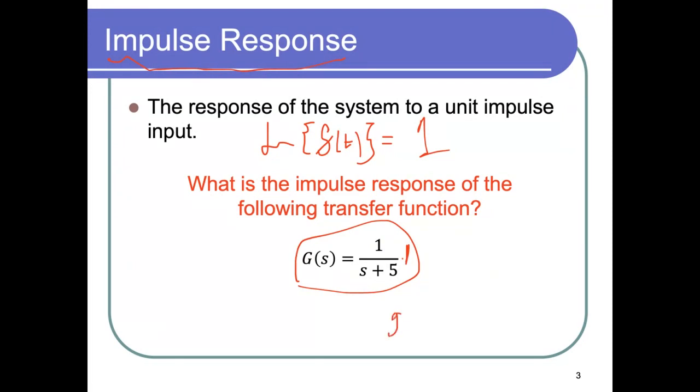So the impulse response of the system is equal to g(t), which is just e to the power of minus 5t, with t being non-negative. This is called the impulse response of the system.